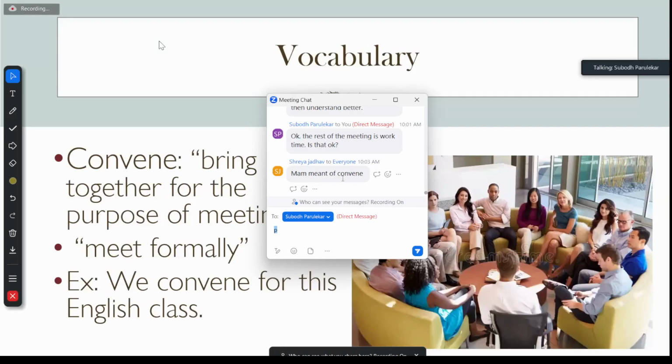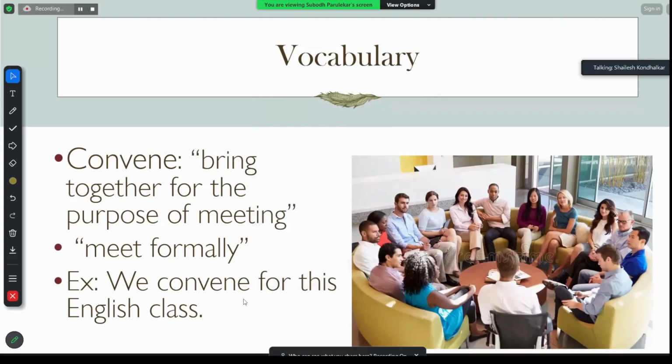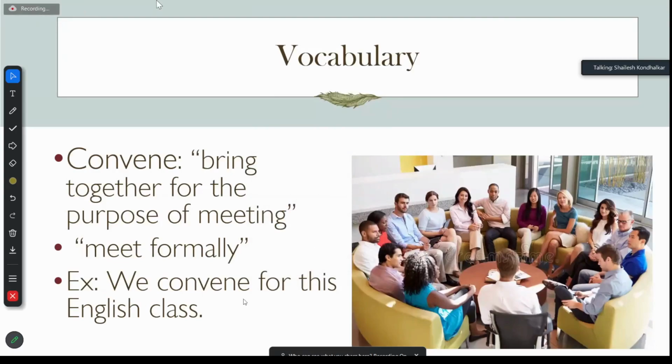I'll go back to the assignment slide. Teacher, we have to write an ecstatic example. Yeah, we can write an example sentence with ecstatic as well. So 1 sentence with convene and 1 sentence with ecstatic. Please show the ecstatic page.